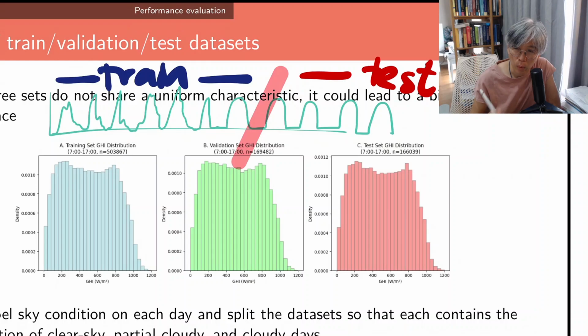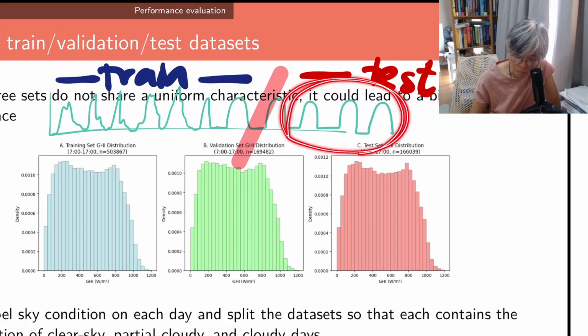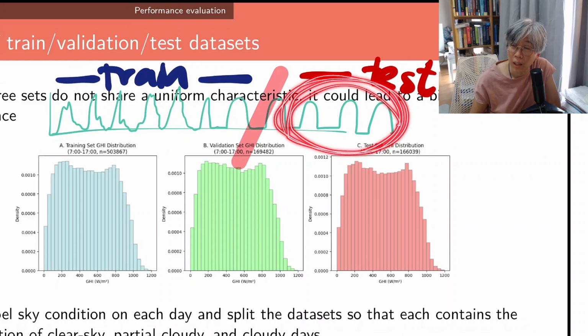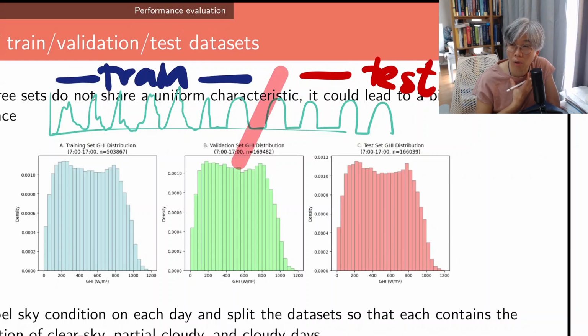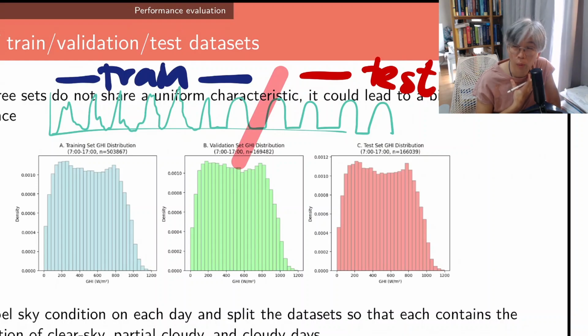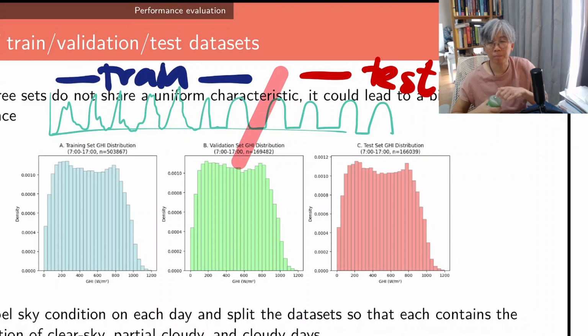So when you have the test data on these days, it tends to give you a low error metric. But then you will mistakenly understand that your model performs very well, right? But that's because you created a bias in the data splitting.